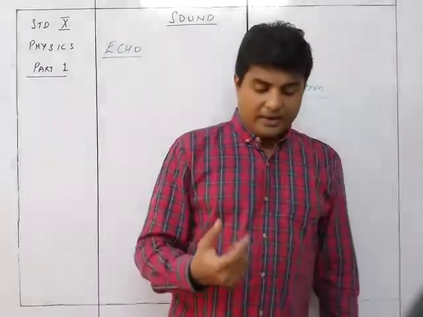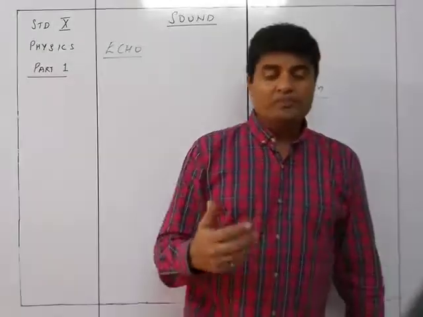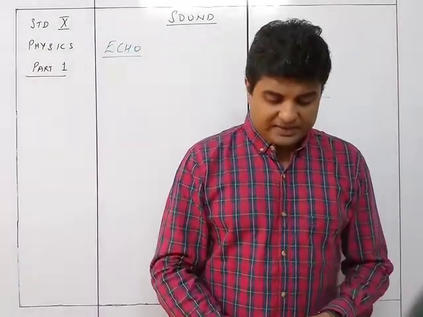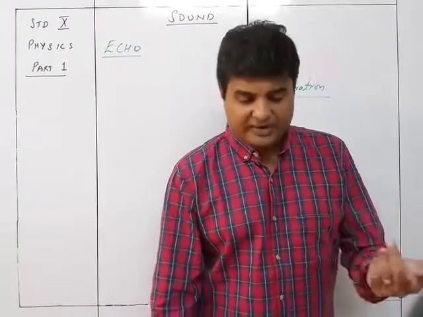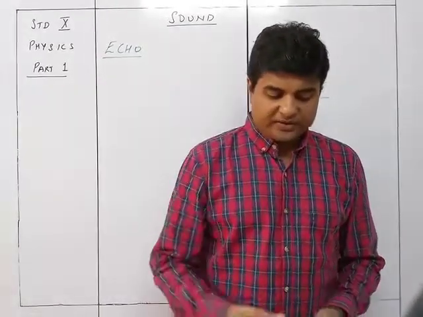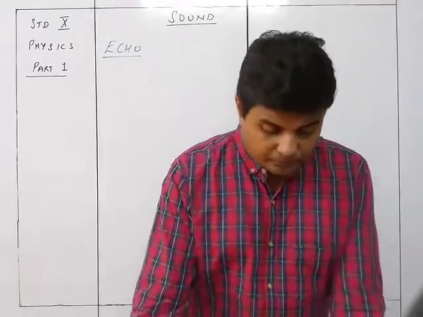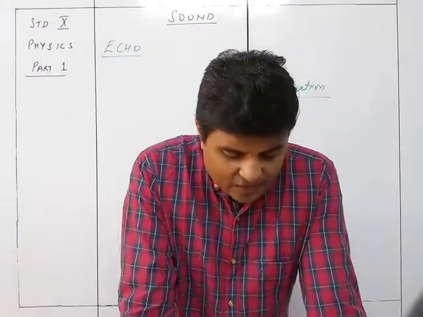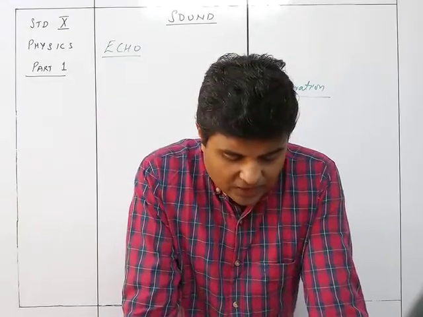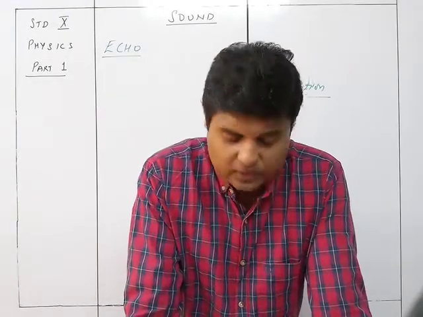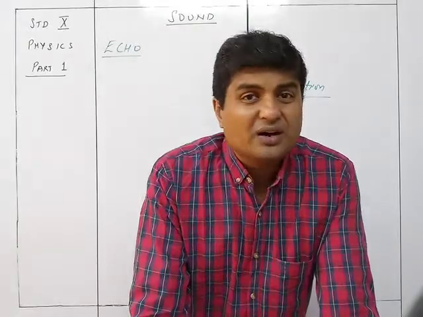So the reflection from a big, distant obstacle such as a cliff, a hillside, walls or the edge of a forest, etc., heard after the original sound has ceased, is called an echo. Note that reflected sound heard along with the original sound is not called an echo.